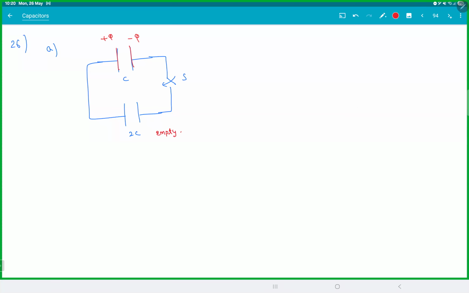Simple one, find the charges and the heat produced when switch is closed. These are one important type of questions that comes a lot in mains. They took a capacitor with charge, another capacitor is empty, they connected, what is the charge and all.